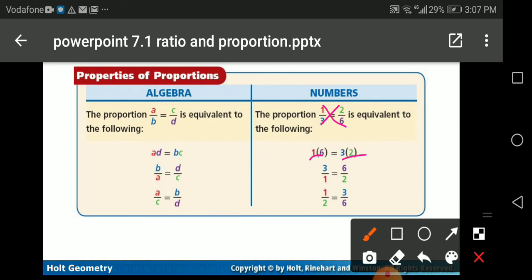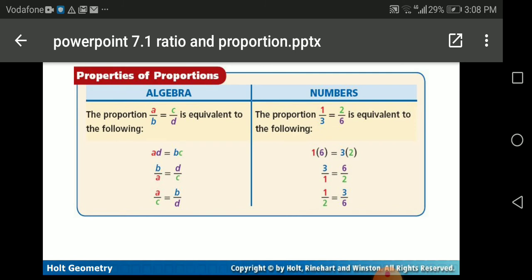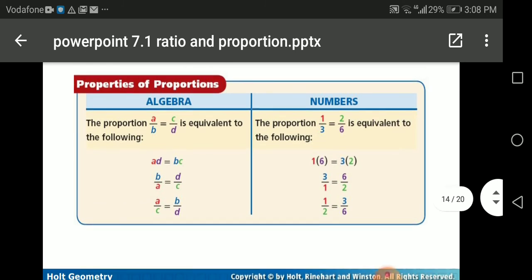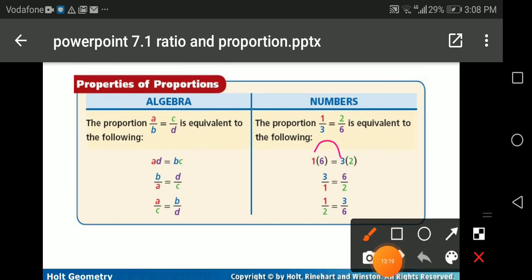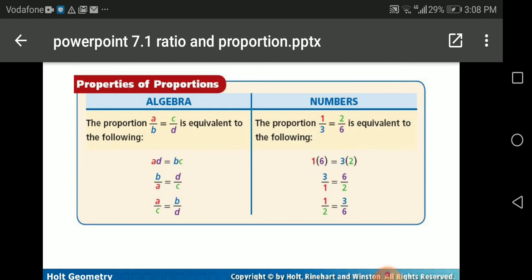Okay, so is it easy now? I think it is. As you see here, 3 over 1 is the same as 6 over 2. Can you see the blue and red? We make reciprocals, if you notice that.